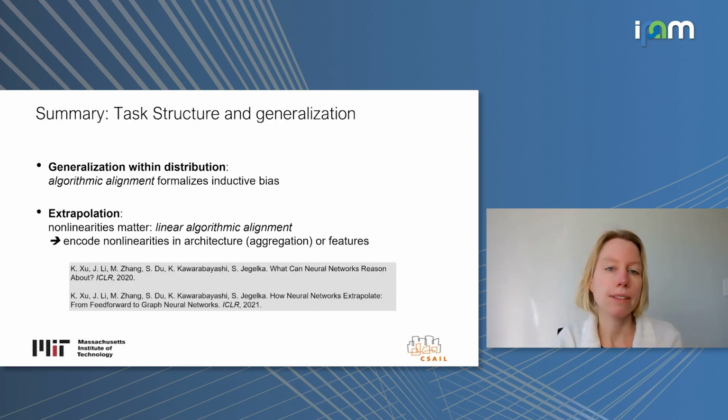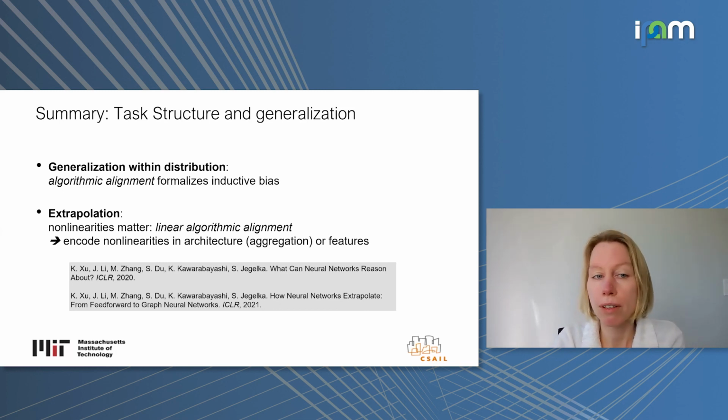So with these results, I would like to conclude. I showed you ideas about generalization within and out of distribution for graph neural networks, for algorithmic reasoning tasks. And I believe that many of these notions also apply to many other tasks as well. For within-distribution generalization, algorithmic alignment is very useful to have, and it essentially formalizes inductive bias.